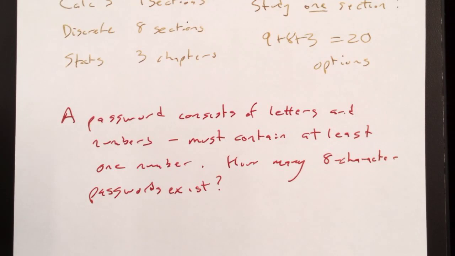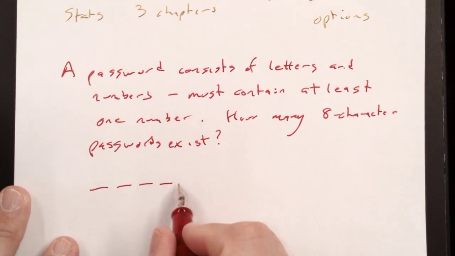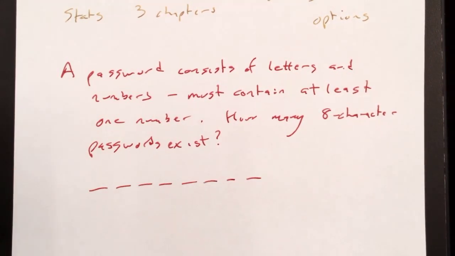Wait a minute, an 8-character password. Let me assume for the moment I had no restriction. If I had no restrictions, let me ignore this must contain at least one number line. How many options would there be here?